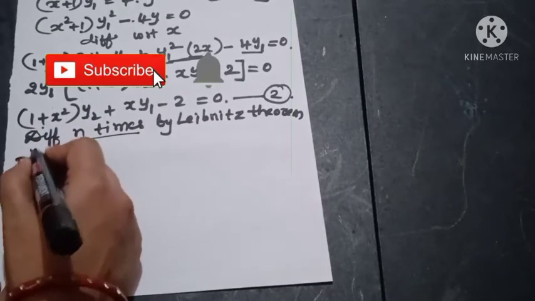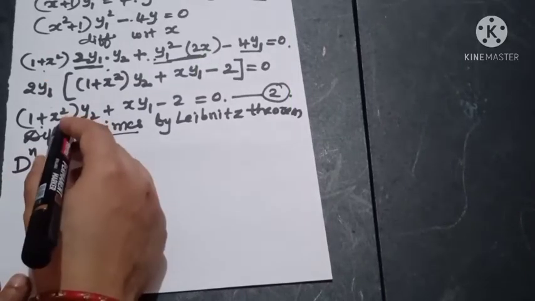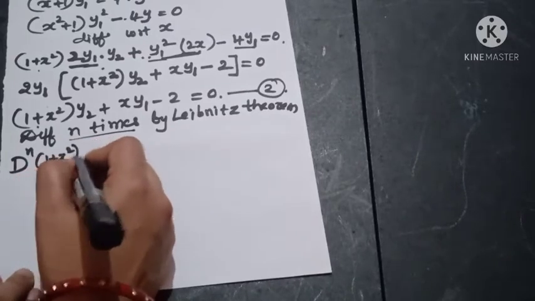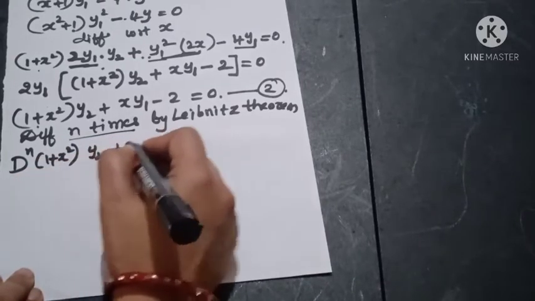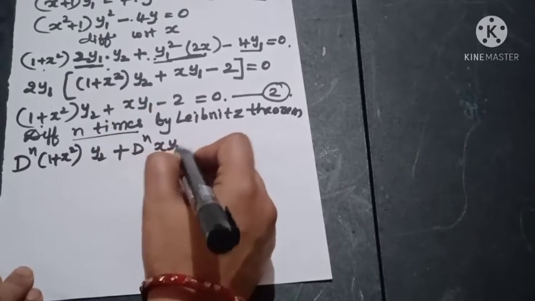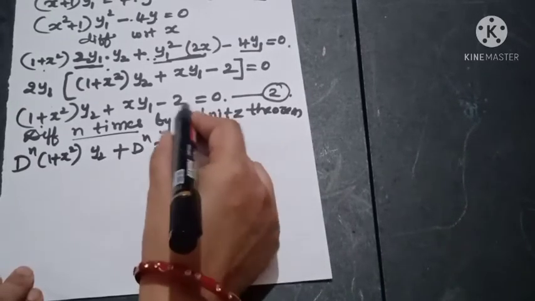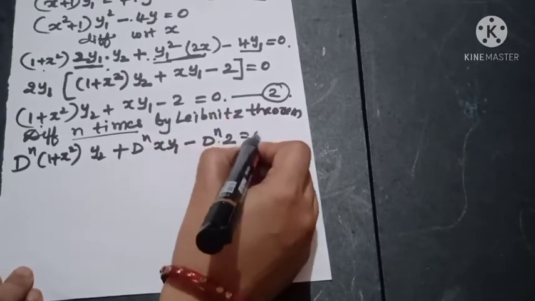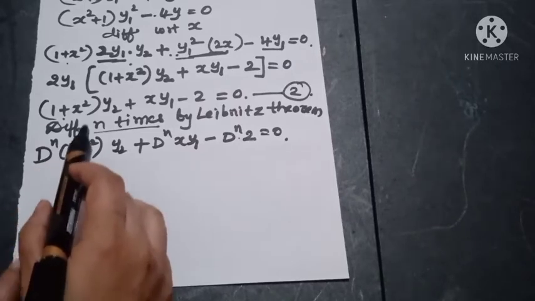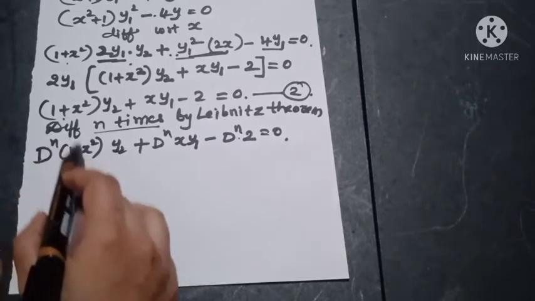The meaning of this is differentiating n times this function, (1 plus x square) into y2, plus, again differentiating n times, x into y1, minus differentiating n times the function 2, is equal to 0. So we'll apply it now. These are two functions: 1 plus x square is one function, y2 is another function. So differentiating n times a product of two functions.